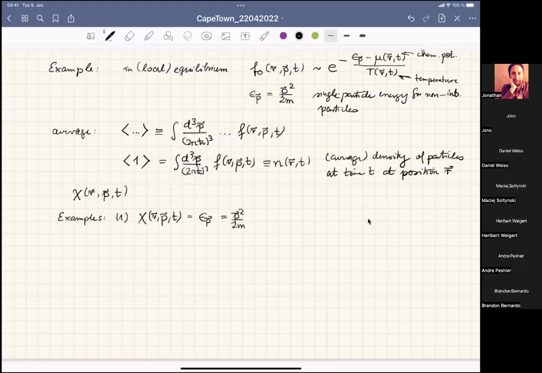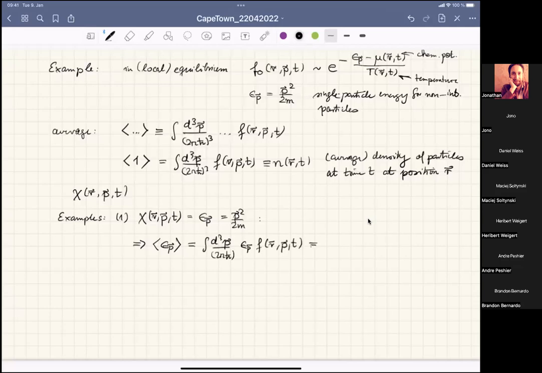The average of epsilon p is basically the energy averaged over the distribution, with f as a weight for the averaging.